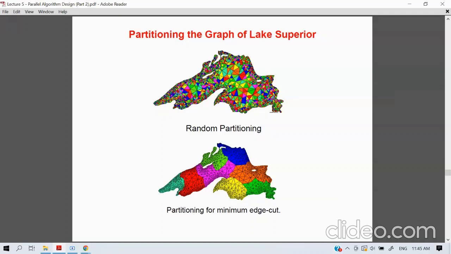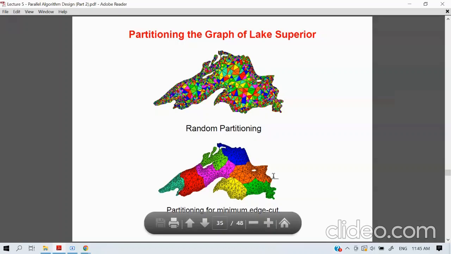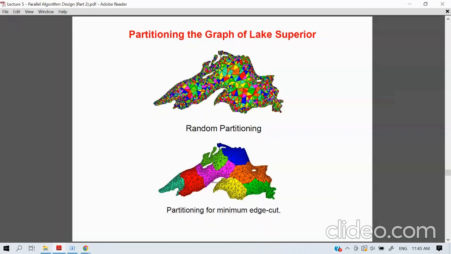Okay, each of the sections, the areas consists of different techniques. Alright, and then if you look at the bottom one, the partitioning for minimum edge cut. So dia macam based on colours. Okay, this edge is green, and then this one is red, and so on lah. So that one is by using partitioning.